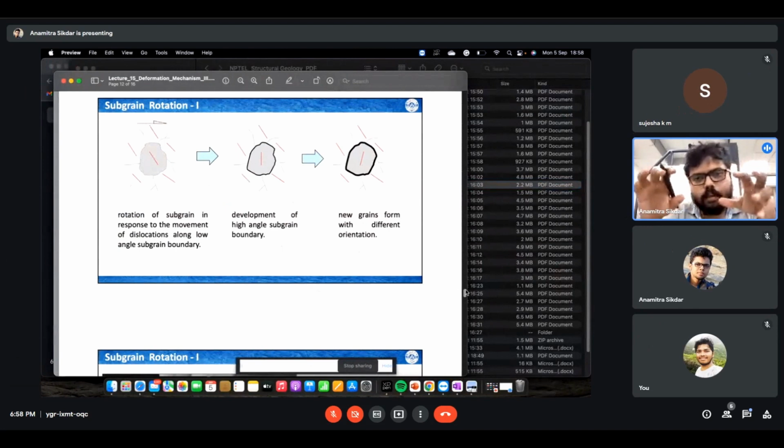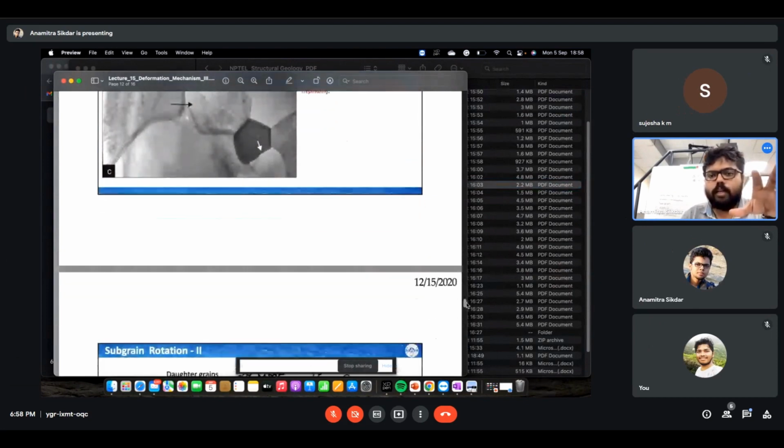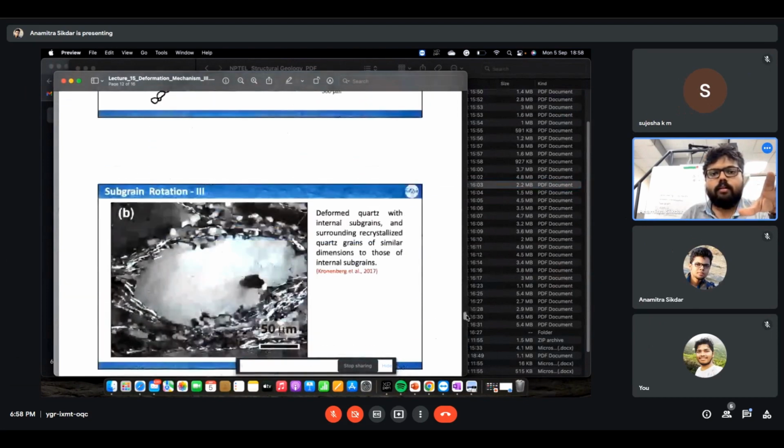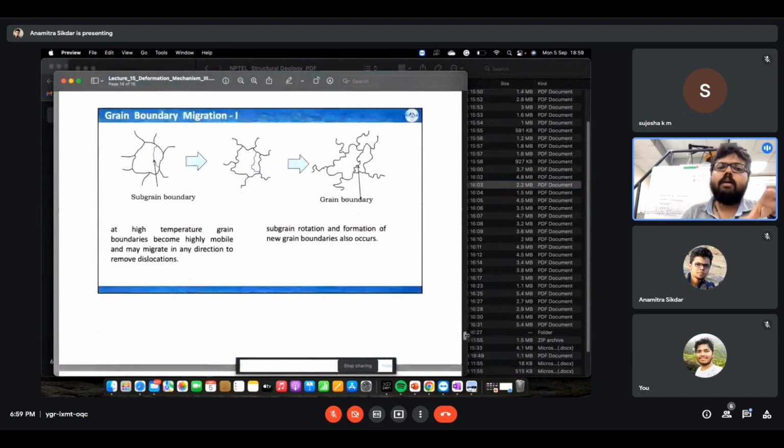Actually the rotation is talking about the change in the orientation. So this subgrain formation is also another process by which deformation is accommodated within the grains, right? After that what happens is grain boundary migration.